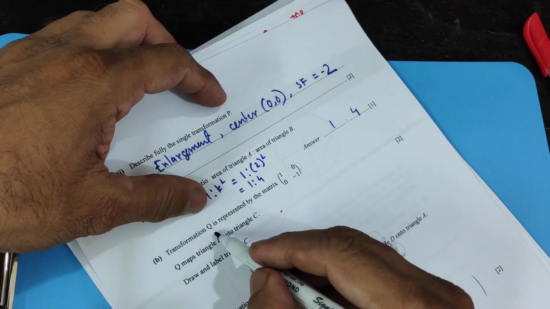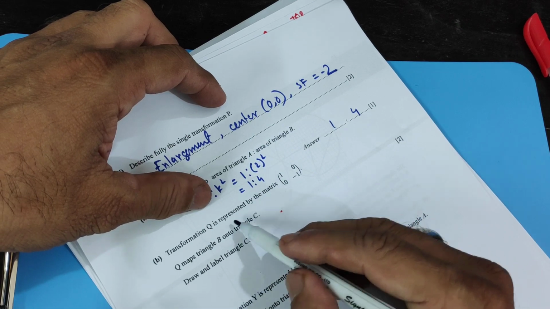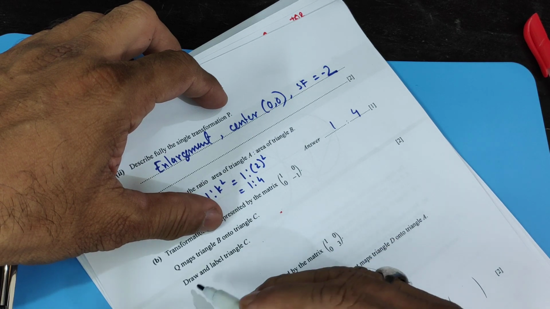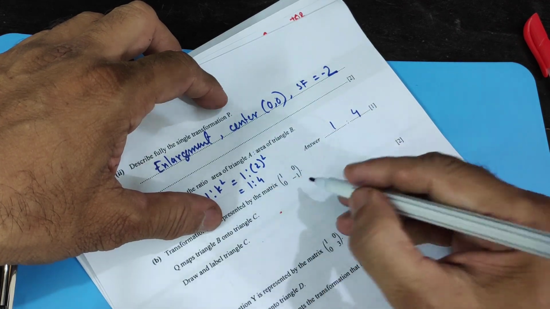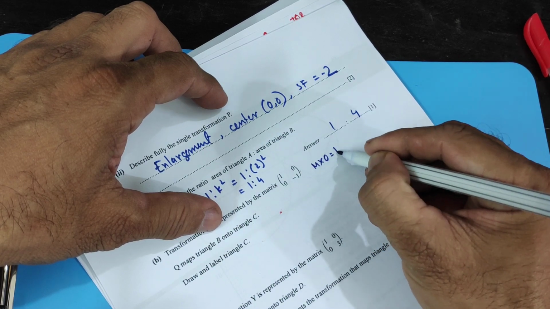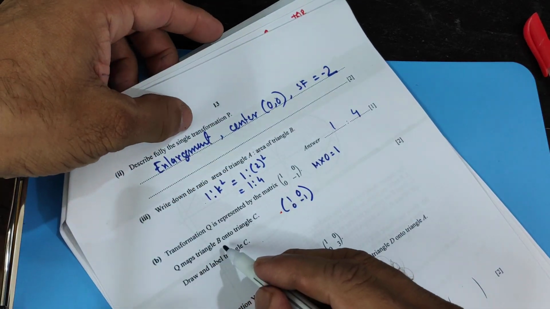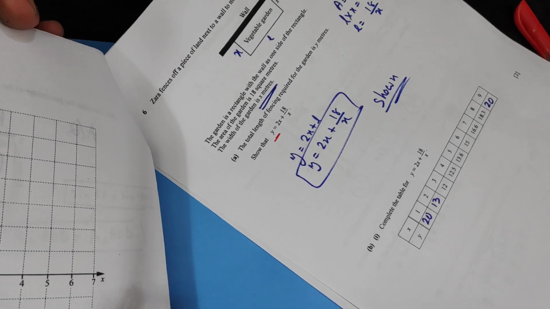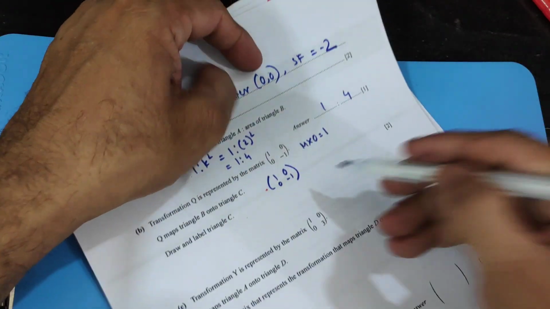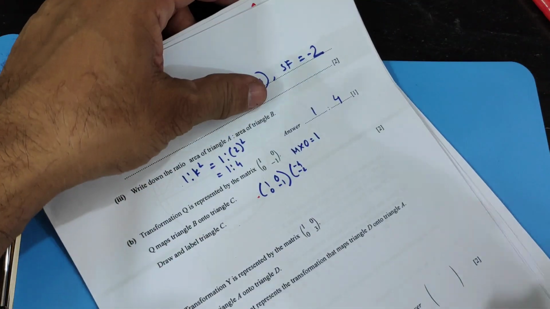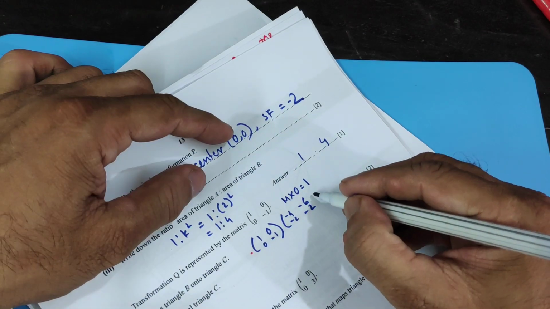Okay, transformation Q is represented by the matrix that maps triangle B onto triangle C. Draw and label triangle C. So again, matrix times object equals image. The matrix is 1, 0, 0, -1, and Q maps triangle B. Triangle B is over here: -4, -2, then -6, -2, and then -4, -6.